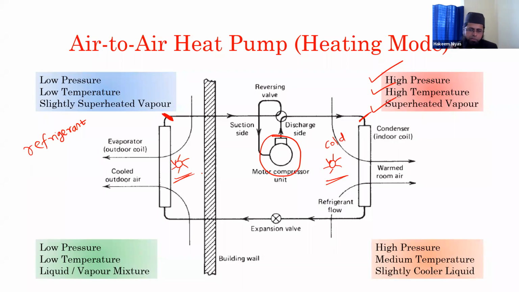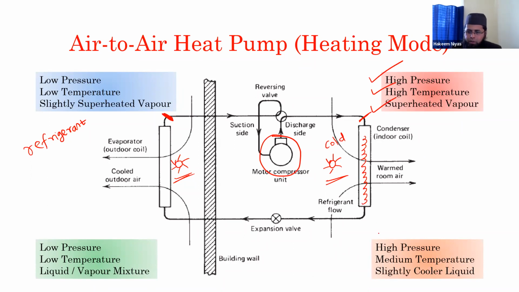In a small refrigerator, the blower is not needed because the size is very small. But in a big room, we need a blower to blow the air. The size is big. So we are sending the cold air and it takes the heat from this condenser, and we are getting a warm room here. So that makes our stay comfortable.